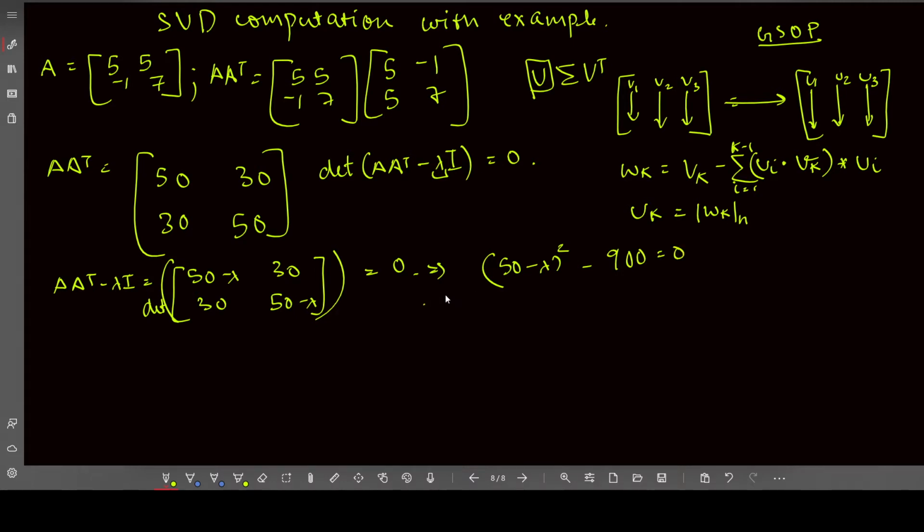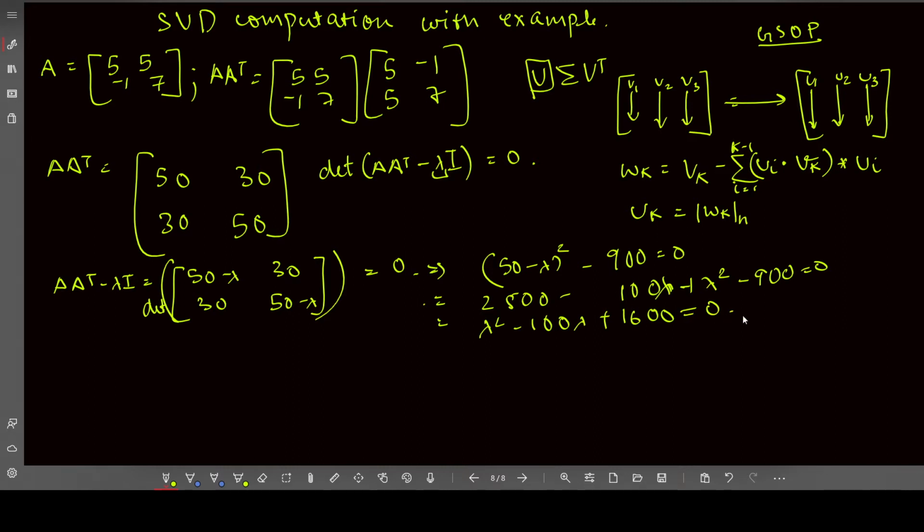So this is equal to 2500 minus 100 lambda plus lambda square minus 900 equals 0. Simplified, it's lambda square minus 100 lambda plus 1600 equal to 0.